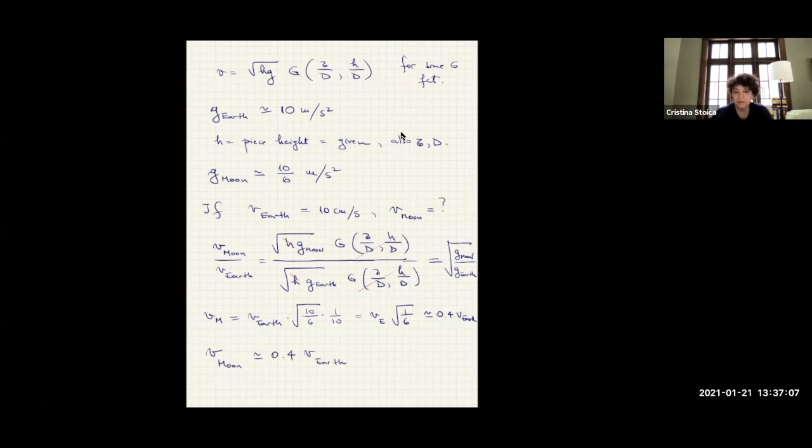If on the Earth it is 10 centimeters per second, then on the moon it will be 4 centimeters per second.